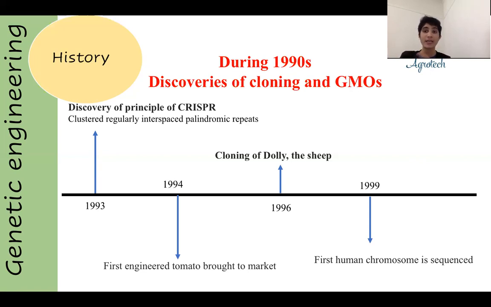It's widely used these days, but as I said, I'm going to give you more information in the next video, where I'll cover the genetic engineering methods. This is just the history.